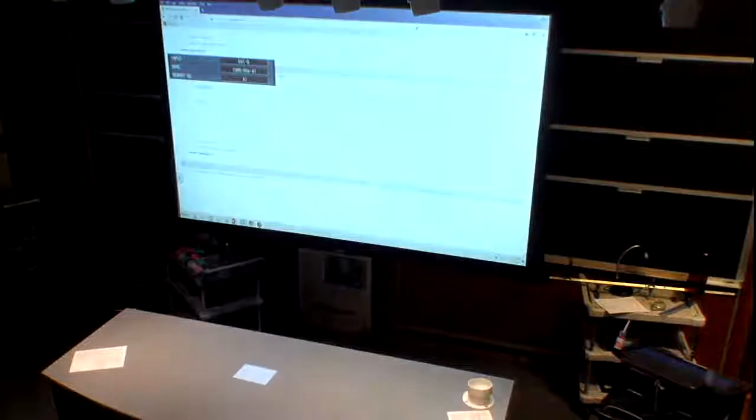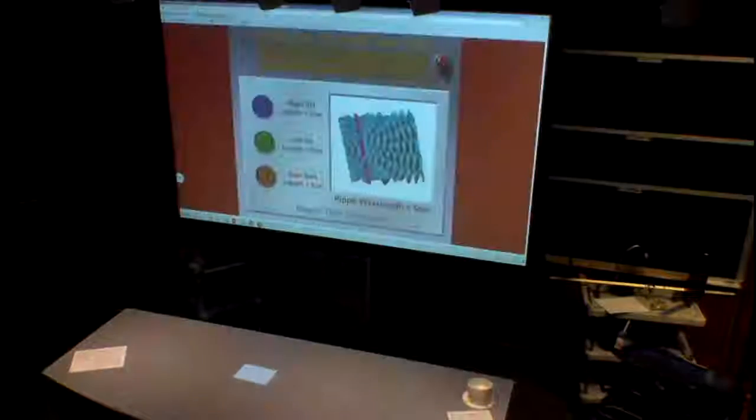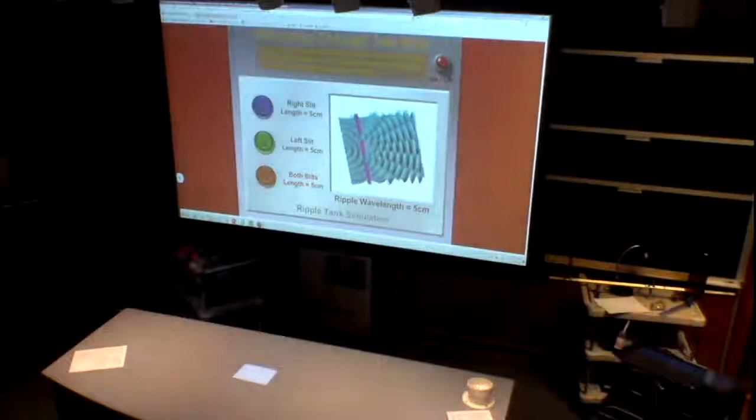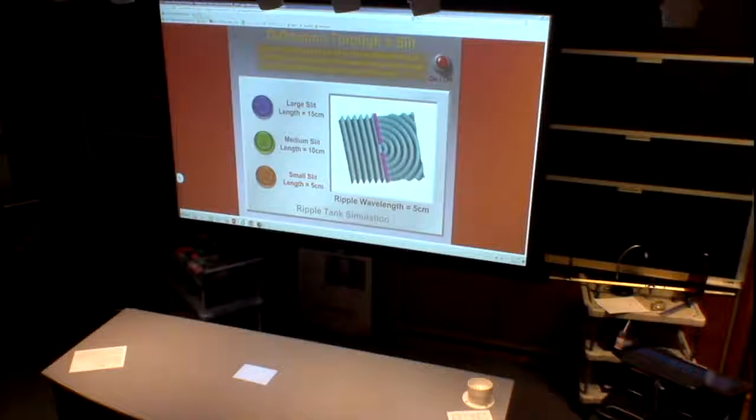The interference pattern generated by a wave traveling through a narrow slit. Not this one, this one.